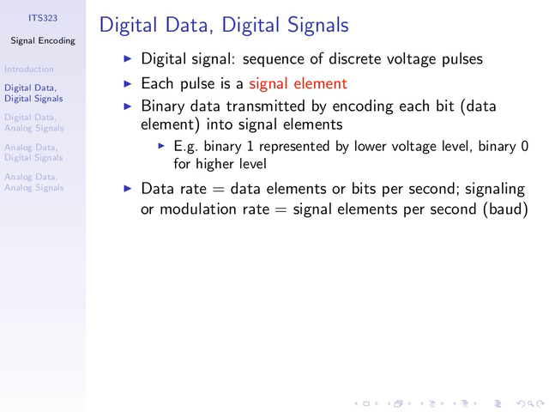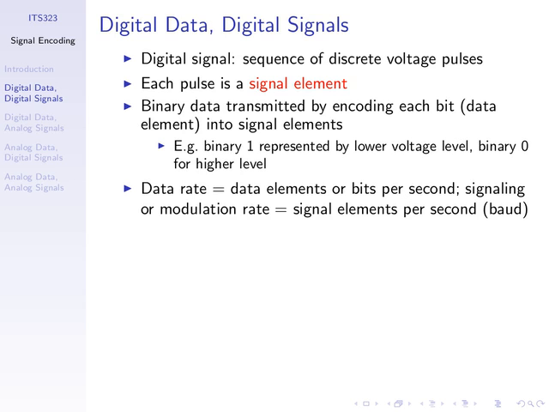Now to transmit our sequence of digital data, we look at 2 bits at a time, 0, 1. If we draw our signal, we're going to have 4 levels: plus 5, plus 1.6, minus 1.6, minus 5.